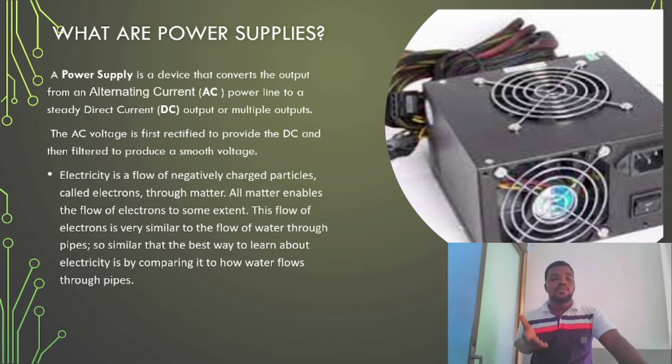All matter enables the flow of electrons to some extent. This flow of electrons is very similar to the flow of water through pipes. The best way to learn about electricity, if you want to understand it more, is by comparing it to how water flows through pipes.